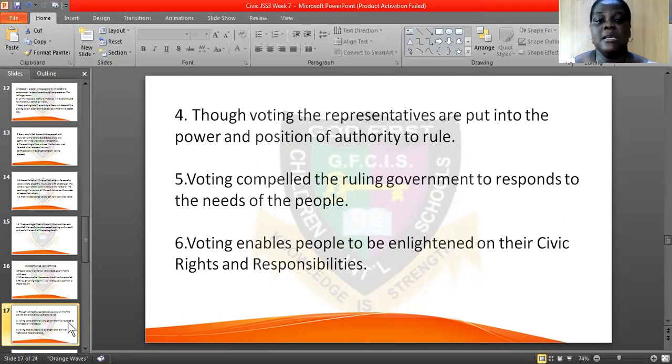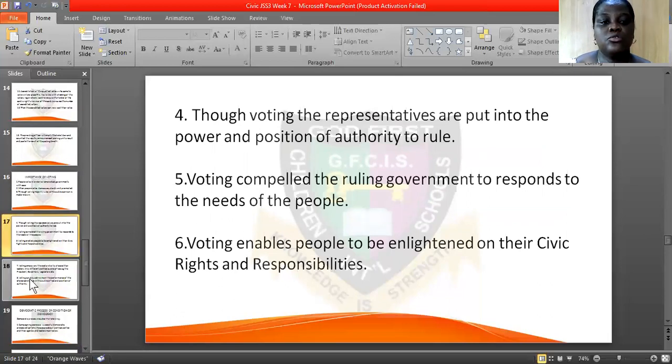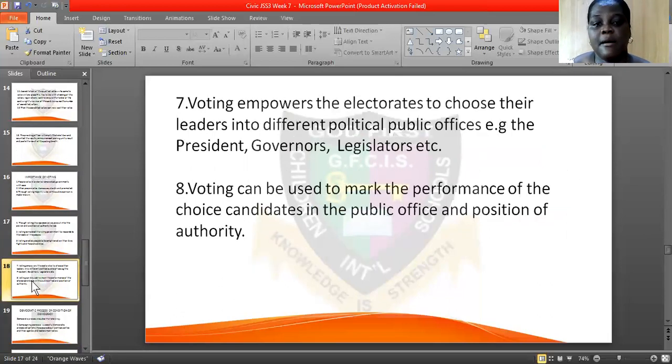Because they know they can be voted out at any point in time, and through voting, people are enlightened on their civic rights and responsibilities as well. Through voting, it empowers the electorate to choose their leaders into different political offices. Then, voting can be used to measure the performance of the chosen candidates.